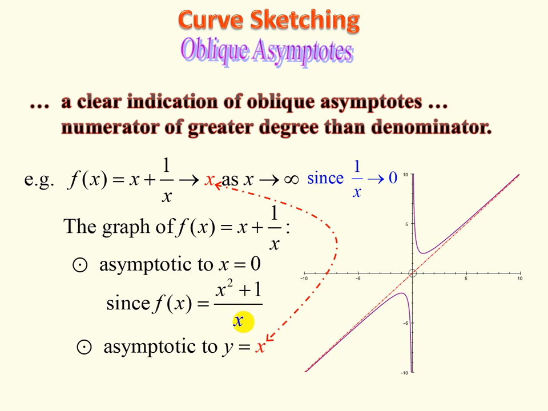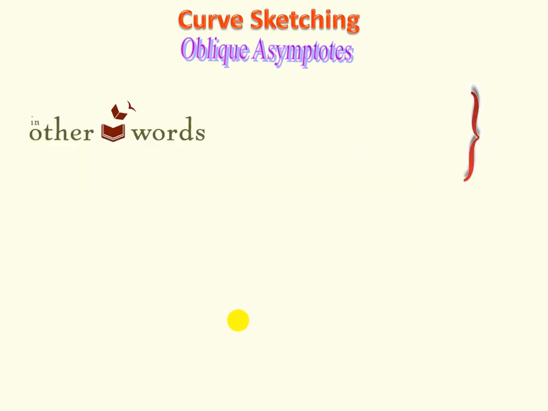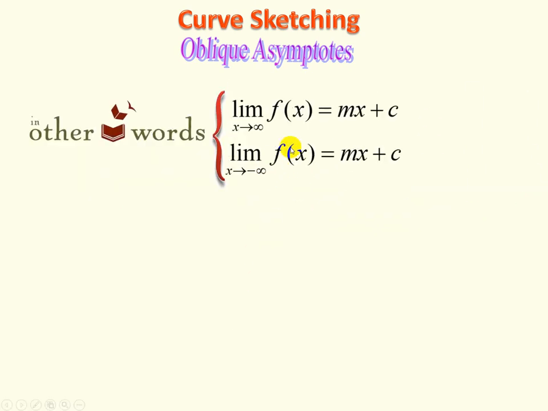And immediately that tells us that this must have an oblique asymptote. So, the limit of f of x as x tends to infinity is mx plus c. That's the sort of oblique asymptote we're dealing with. Or x tends to negative infinity.